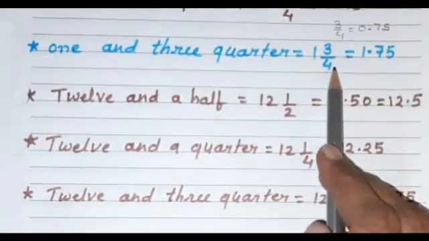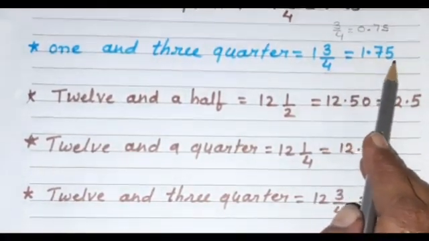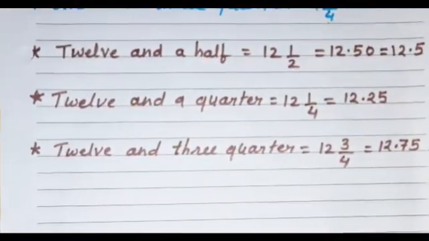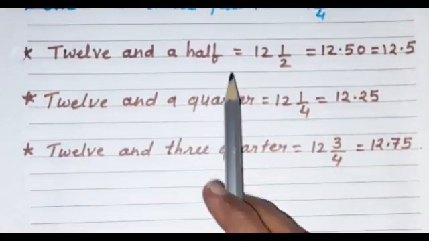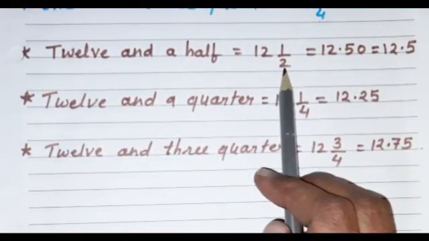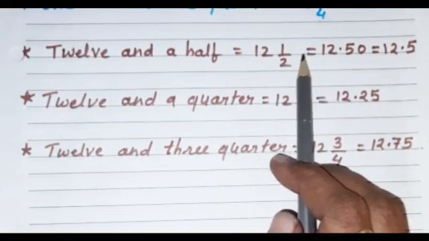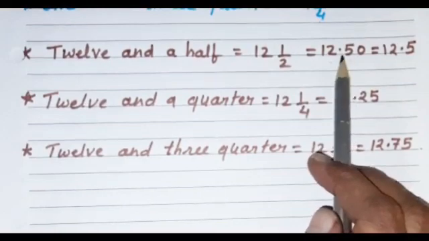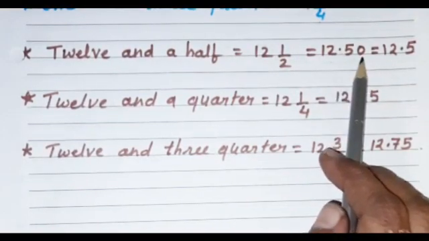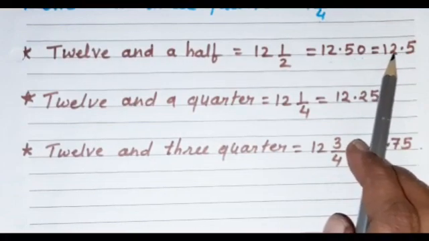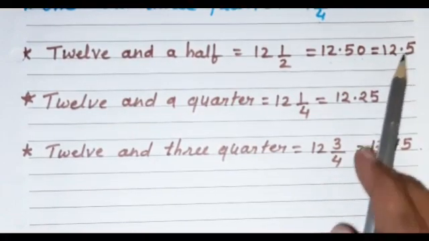So 1 and 3 upon 4 is equal to 1.75. Now the next one, 12 and a half. So here 12 and half in fraction. Now in decimal form, 12 is written as it is, and half means 0.50. So here 12.50, and 12.50 is also written as 12.5.